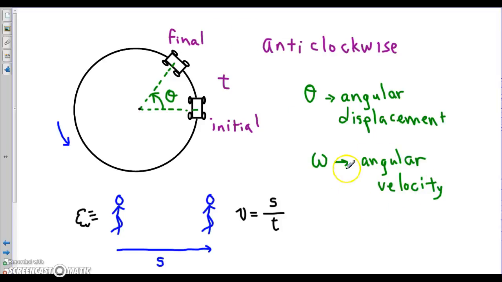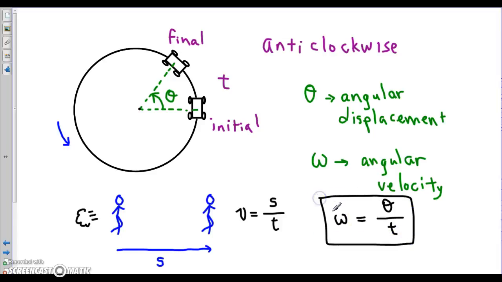The angular velocity measures how quickly the displacement occurs. So, similarly to this equation, angular velocity is the displacement over the time. Now, angular velocity is a vector, but we'll learn in class how to get the direction of this vector.